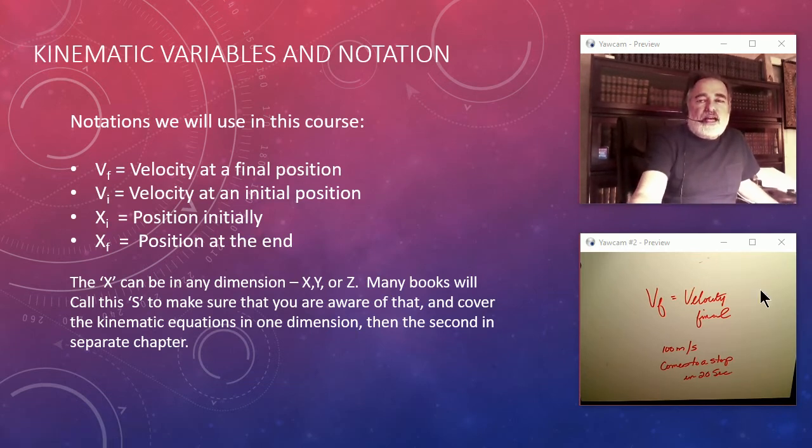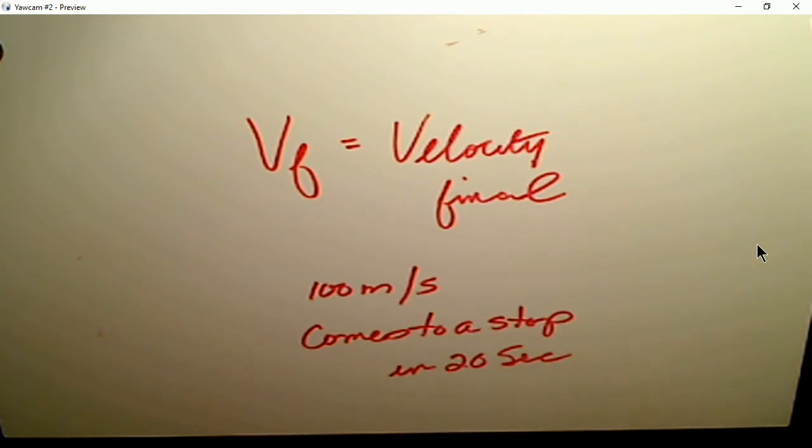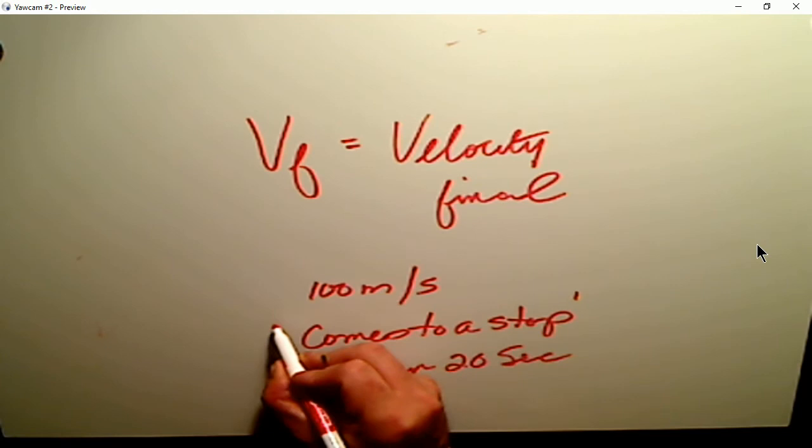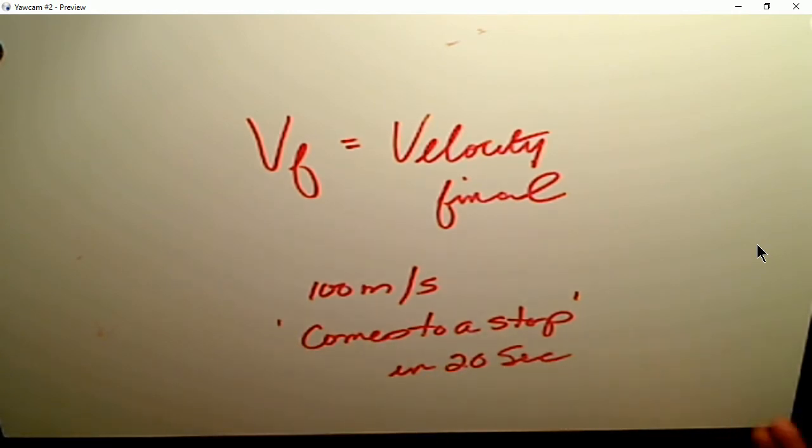Well, what are we saying with that? First of all, just like in the previous example, we have a deceleration. And one of the things you want to get out of this course is that you'll have these English language problems, and you have to pull the variables out and use the proper equations with them.